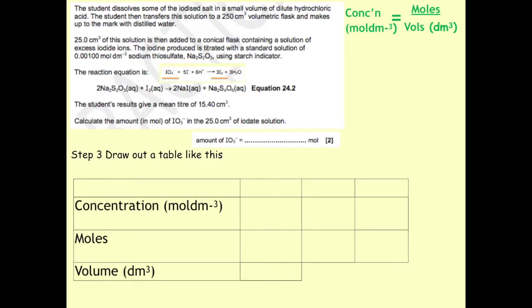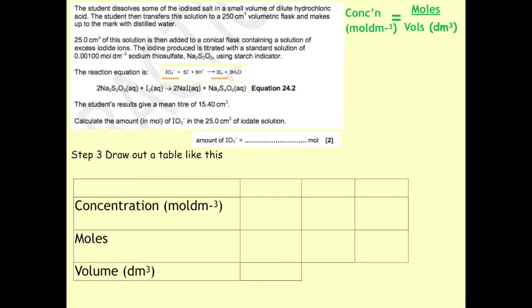I'm going to ask you to put concentration, moles, and volume. And then in the first column, we're going to label what we do know from the question. We're going to search through the titration systematically. So let's read back from the beginning and see what we can put into this table.